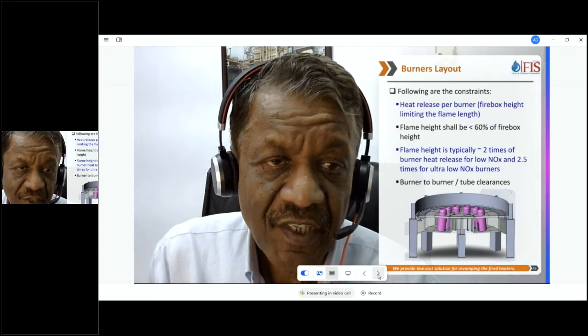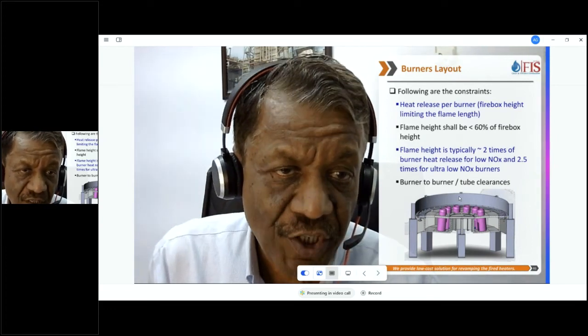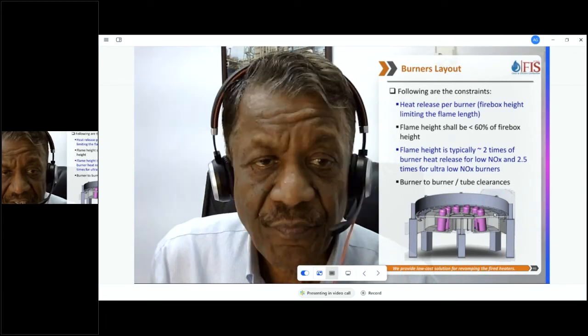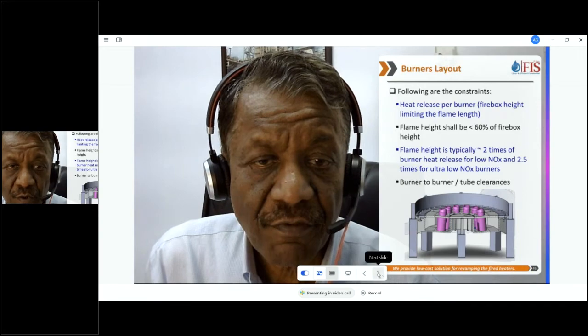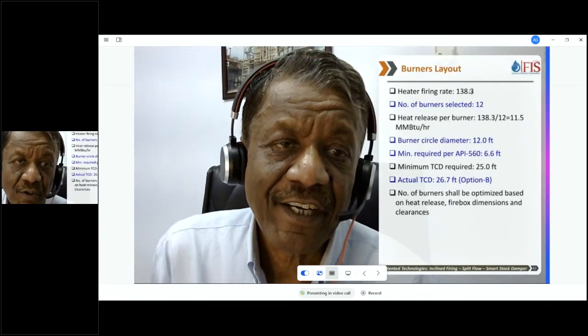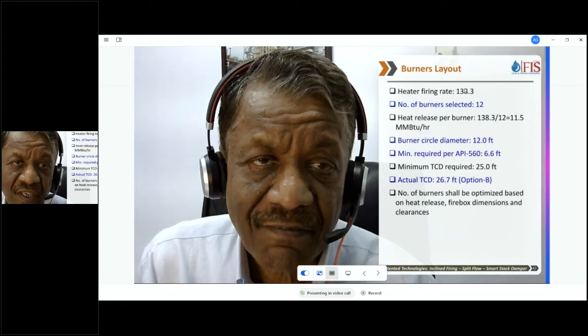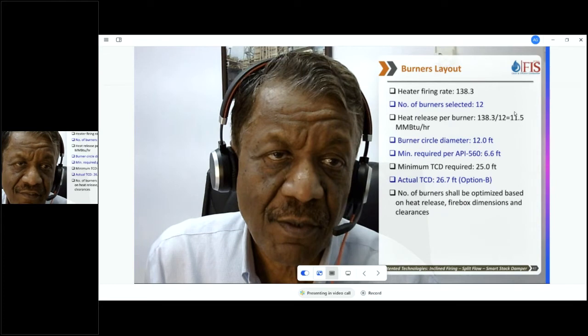This is a 3D model showing our inclined firing technology, what we have for fired heaters. So the heater firing rate is about 138. We selected 12 burners. Each burner is about 11 feet.